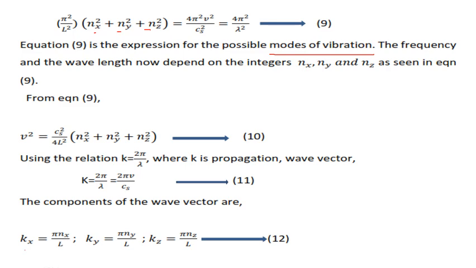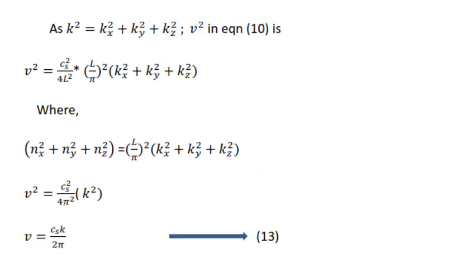Therefore the above equation can be changed as kx is equal to pi nx by l, ky is equal to pi ny by l, kz is equal to pi nz by l.